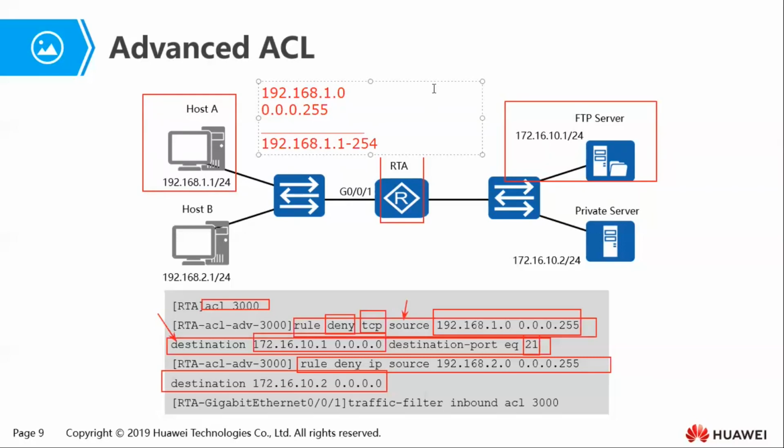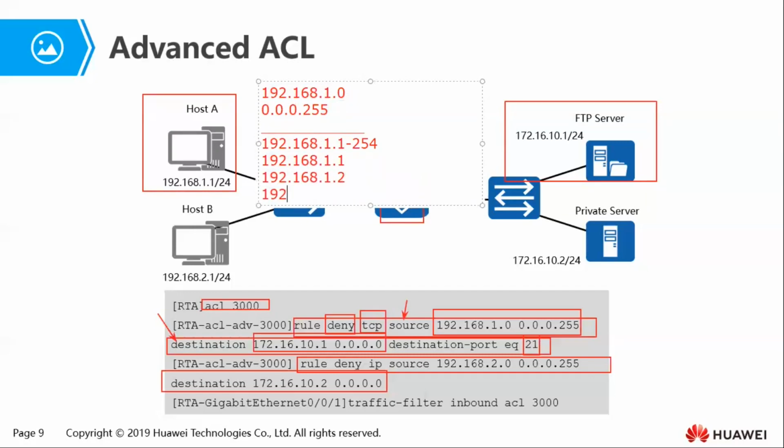So this rule will allow all these IP addresses: 192.168.1.1, 192.168.1.2, 192.168.1.3, all the way to 192.168.1.254.